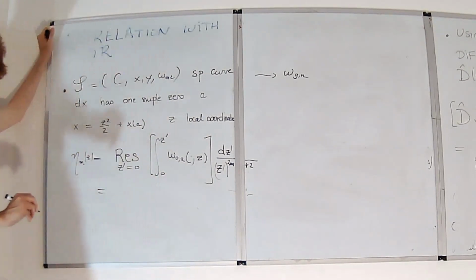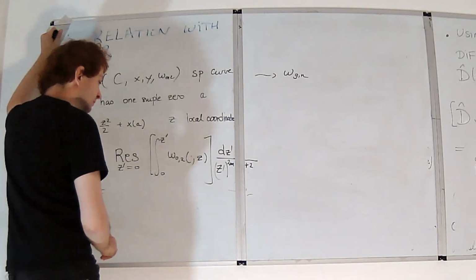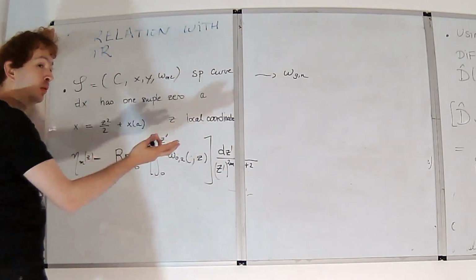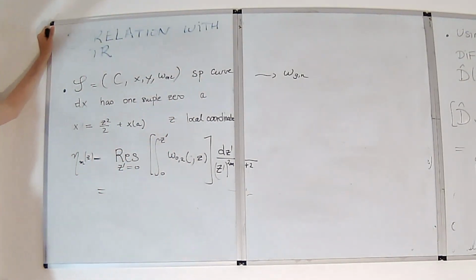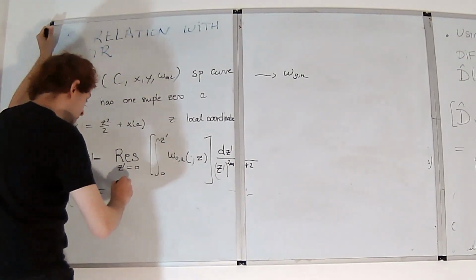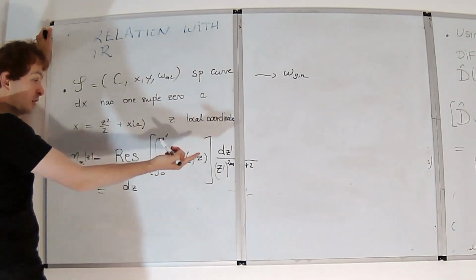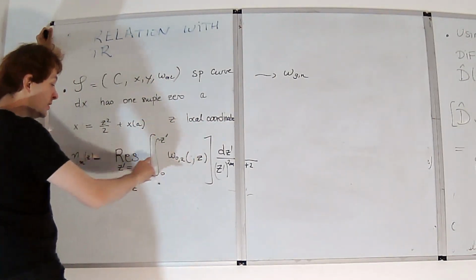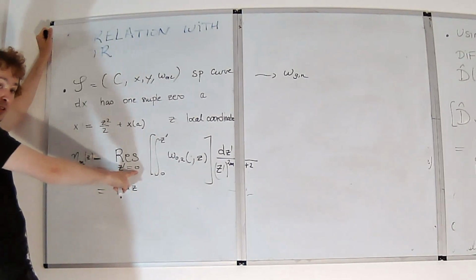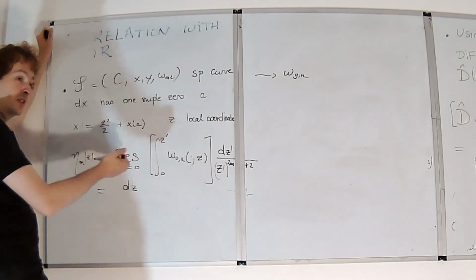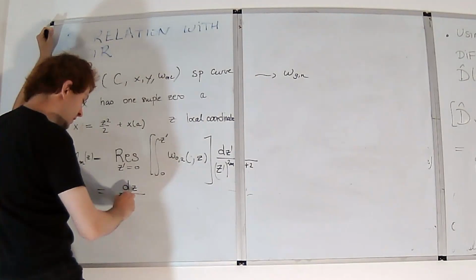So what is that looking like? The fact that omega 0,2 has a double pole at coinciding points with coefficient 1 is going to tell you that if you try to send z, so where can it have a pole? It can only have a pole when z approaches the ramification point. And if you look at the local behavior, you're going to see that this is exactly what I put here.